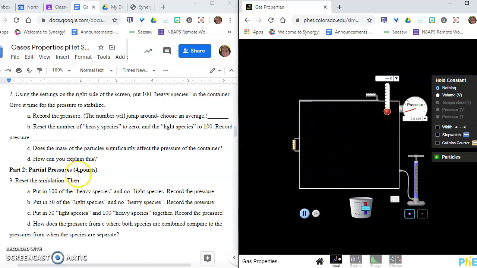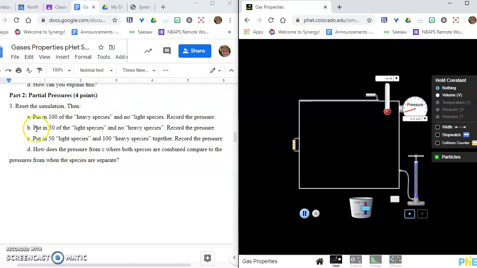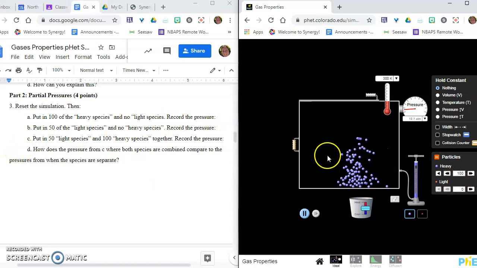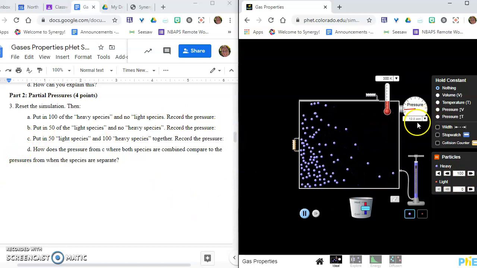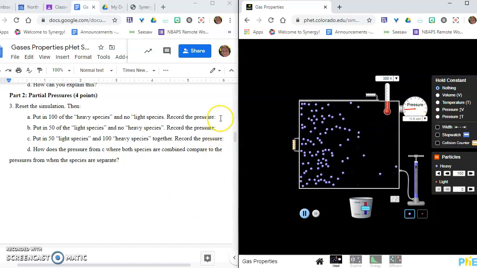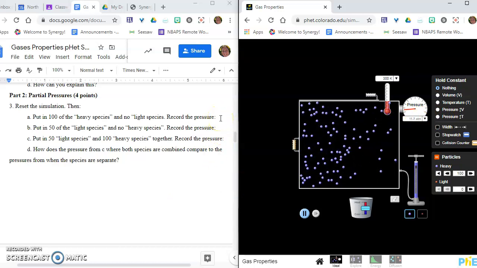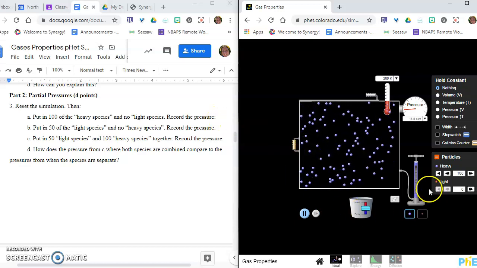Okay. Moving on to part 2, our partial pressures, we're going to put in 100 heavy, and no light. We already did this, so remember it was about 11.5, so you could put your pressure right there.